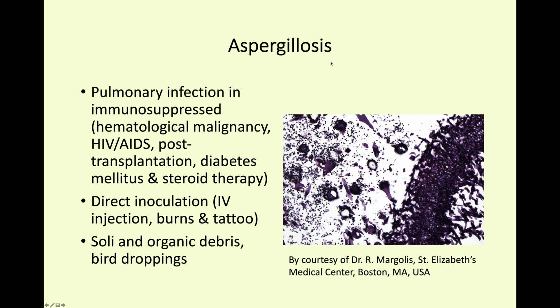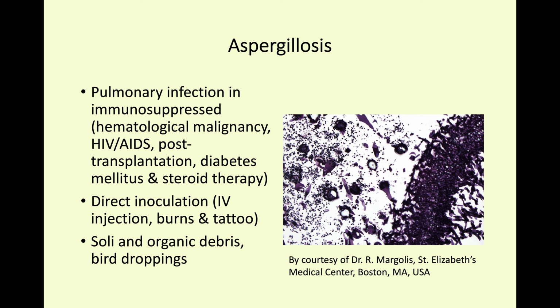It's so named because the spores have an appearance reminiscent of the shakers used in the church for shaking holy water, and so this is called the aspergillum, and so the fungus is therefore called Aspergillus. And it presents as a pulmonary infection in immunosuppressed patients, and much less often we can see it as direct inoculation.